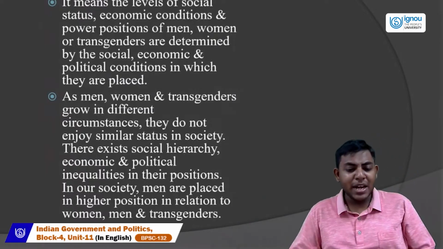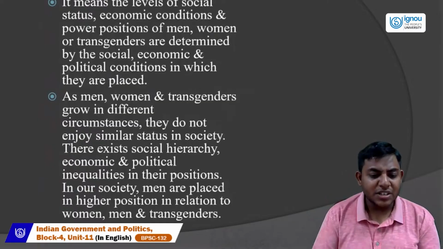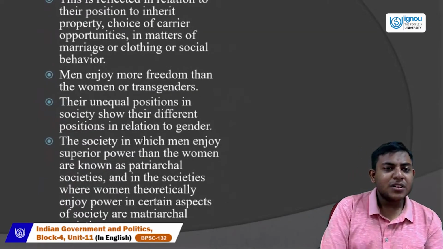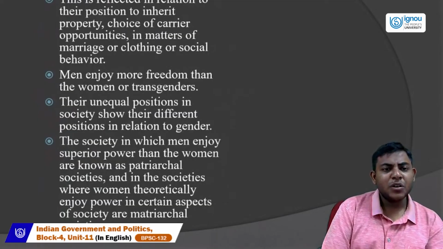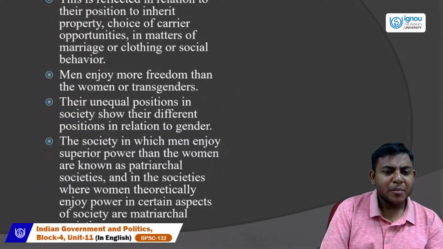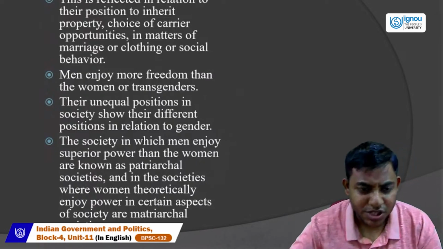In our society, men are placed in higher positions in relation to women and transgenders. So this is reflected in relation to their position to inherit property, choice of career opportunities, in matters of marriage or clothing or social behavior. Men enjoy more freedom than the women or transgenders. Their unequal positions in society show their different positions in relation to gender.